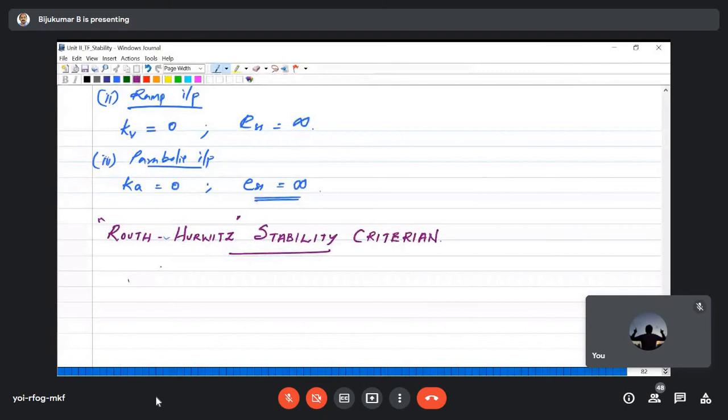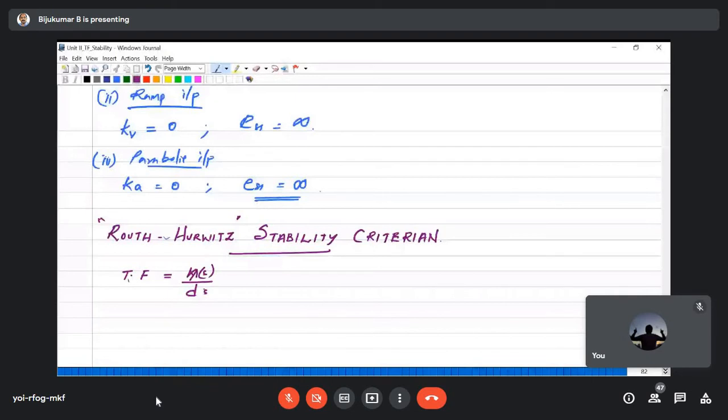And we know the standard form of our transfer function, right? What is the standard transfer function? In polynomial terms, we write it as N(s) divided by D(s), where N(s) is the numerator polynomial and D(s) is the denominator polynomial.